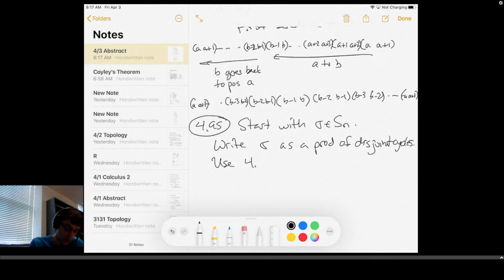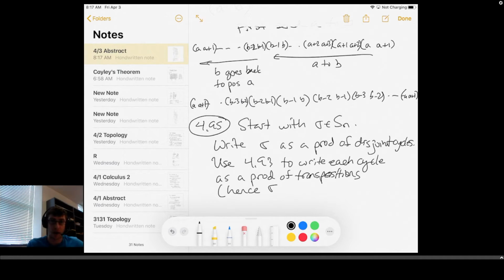Then you use 493 to write each cycle as a product of transpositions. And hence, your sigma, being a product of those cycles, is a product of transpositions.